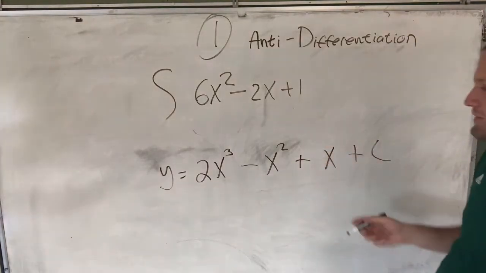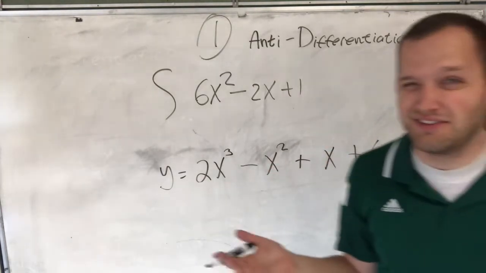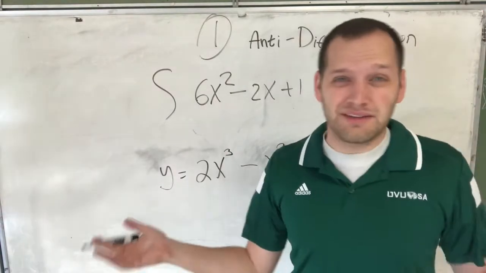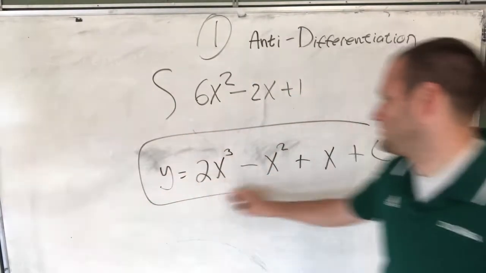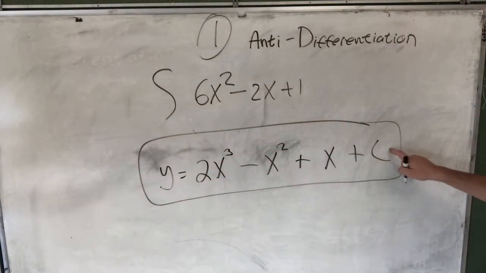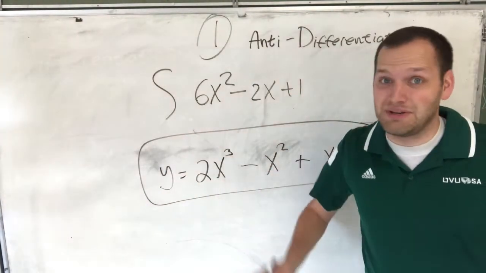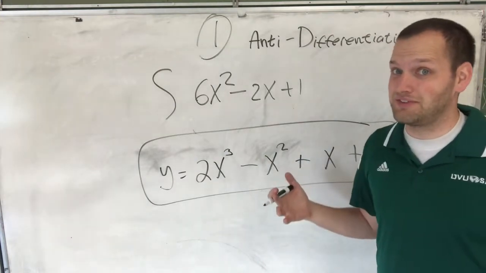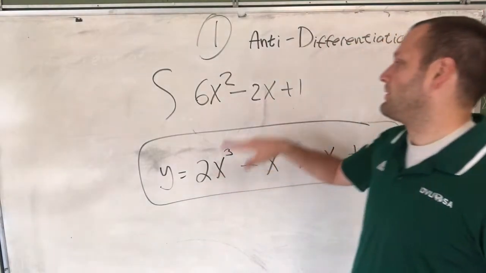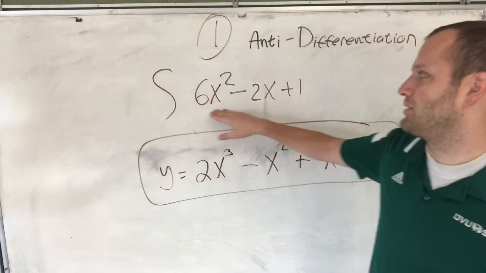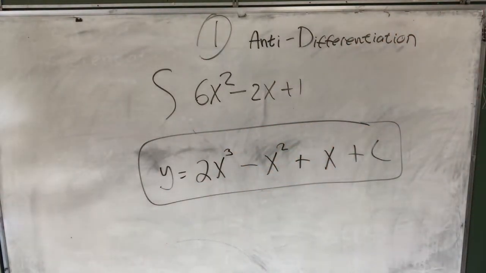I'm not going to bother putting a 1 there, because isn't just x the same as 1x? Then finally, plus c. No matter what c is, it could be 8, 20, -40, or 3,572, if you take the derivative, its slope is 6x squared minus 2x plus 1.